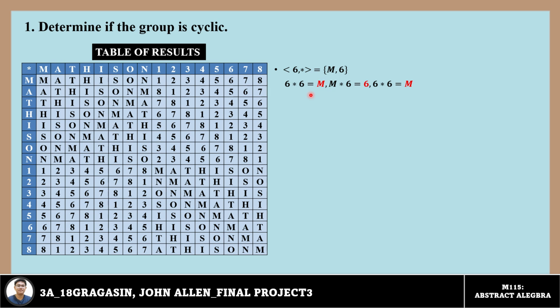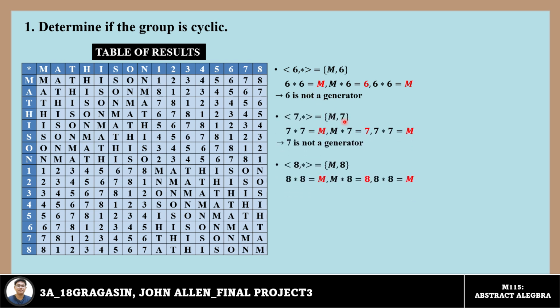Therefore, our resulting elements are only M and 6. Since it doesn't generate the entire set G, the element 6 is not a generator, and it is the same as the element 7 and then the element 8, since their resulting elements don't generate the entire set G.